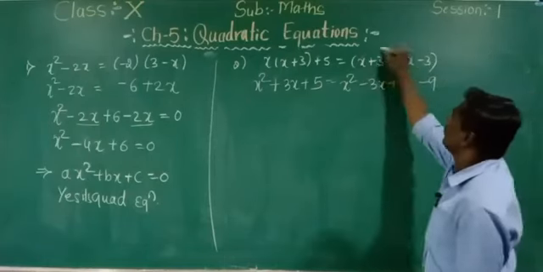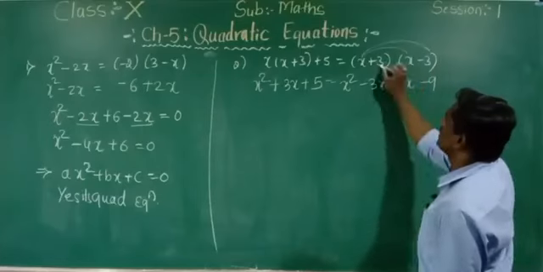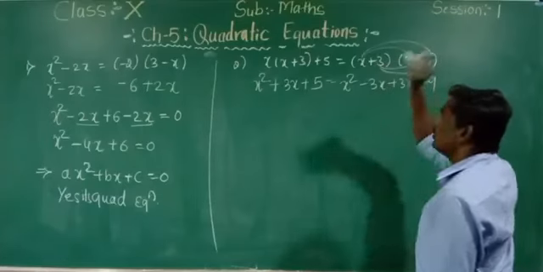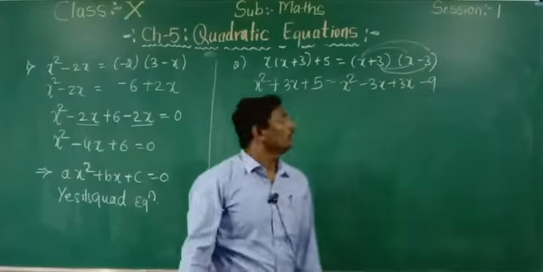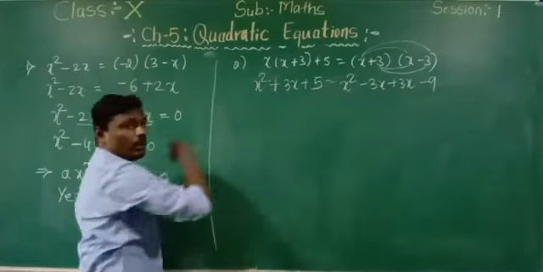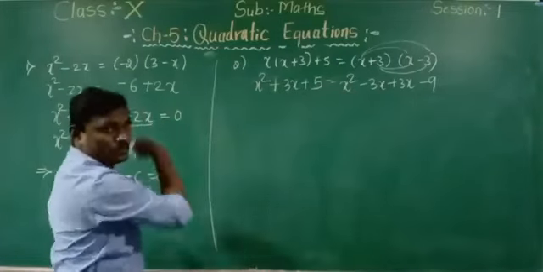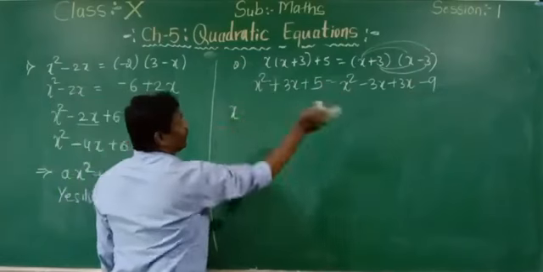First term to first term, first term to second term, second term to first term, second term to second term, right? Now take all that RHS part to the LHS side.